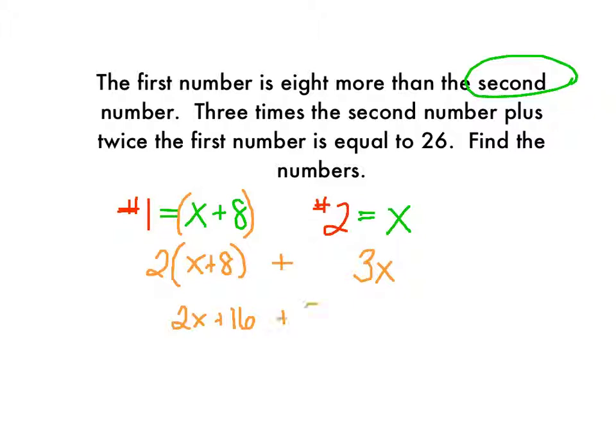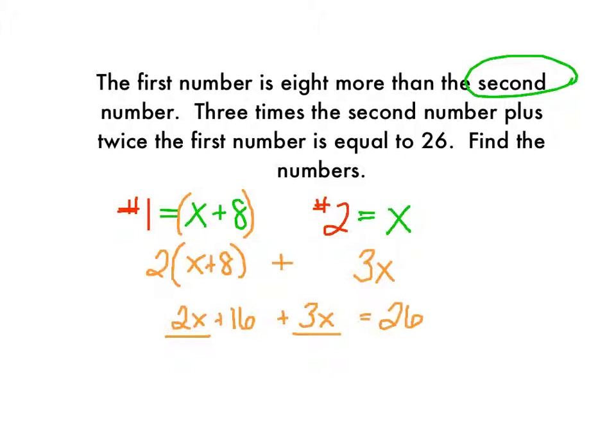So now I have my plus 3x, and it tells me that all of this equals 26. So at this point, I'm going to want to make sure that I'm solving the simplest equation or expression possible. So if I can combine like terms, and in this case, I have a 2x and a 3x. Same exact variable, and I can combine the coefficients.